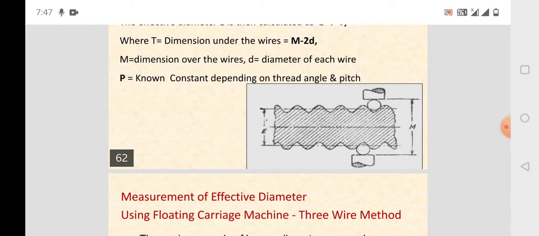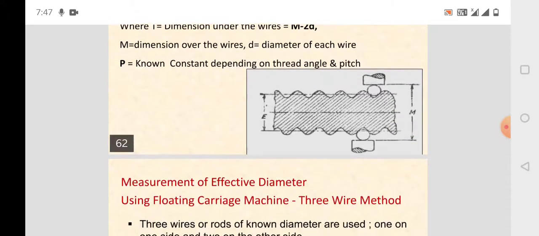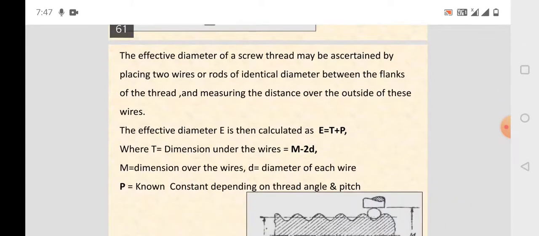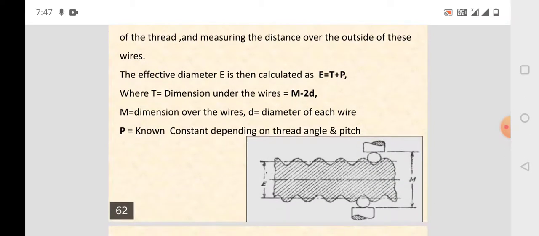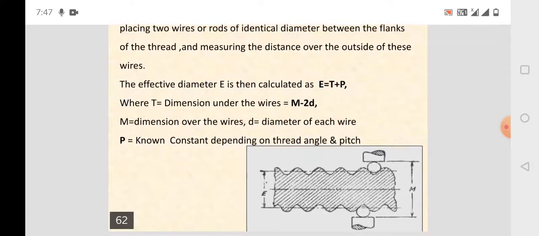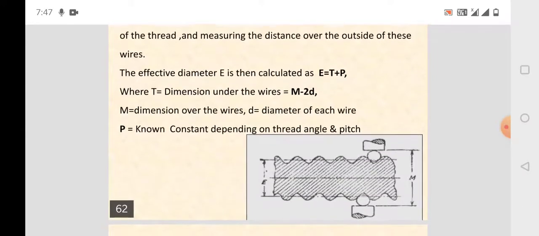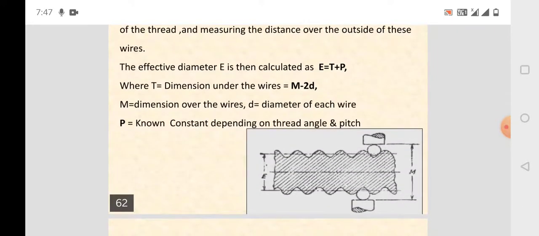The effective diameter of a screw thread may be ascertained by placing two wires or rods, just needles or rods, of identical diameter between the flanks of the threads and measuring the distance over the outside of these wires.